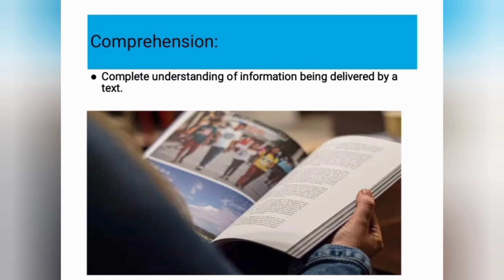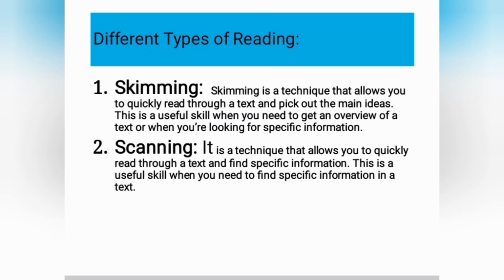Now, what is comprehension? Complete understanding of information being delivered by a text is known as comprehension. Different types of reading are skimming, scanning, intensive reading, and extensive or speed reading.